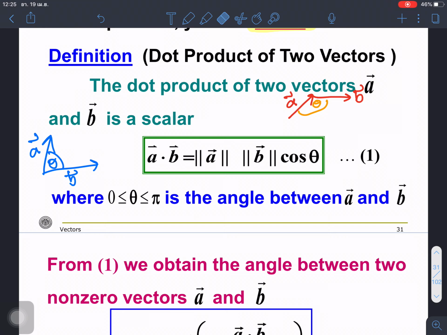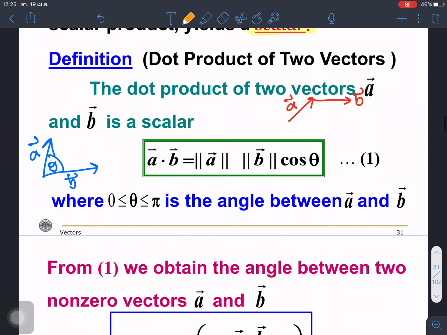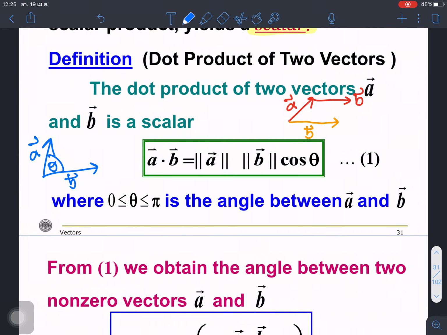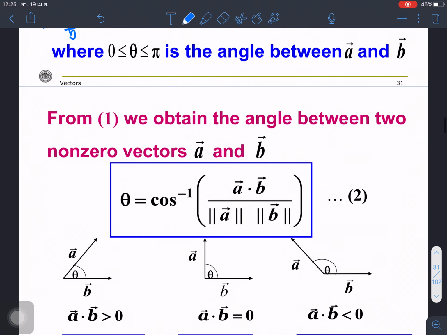When you want to measure theta, it has to be from tail to tail, so you need to translate vector B down here. This is the new vector B, and the way you measure theta has to be from this and this, not the original one that I drew. You have to move vector B down to the tail of vector A.